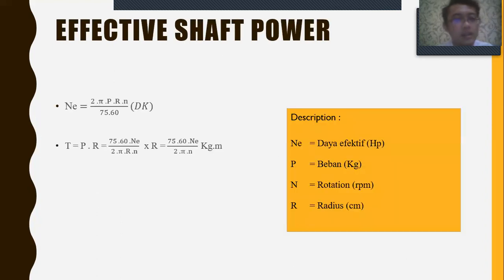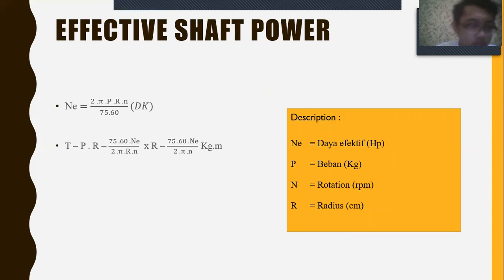Next slide. Effective horsepower. The formula of effective horsepower is 2 × π × P × R × n divided by 75 × 60. Why 75 × 60? Because this is equal to 1 PS. And the second is T, torque.